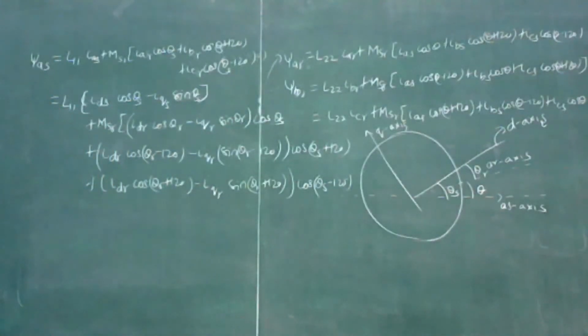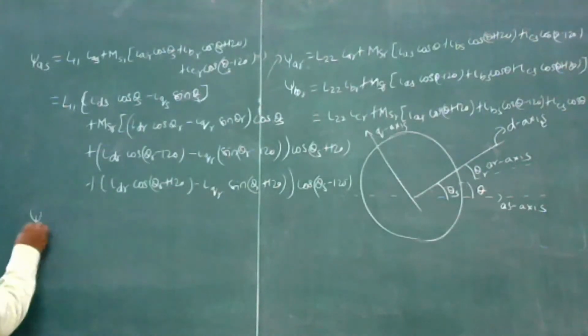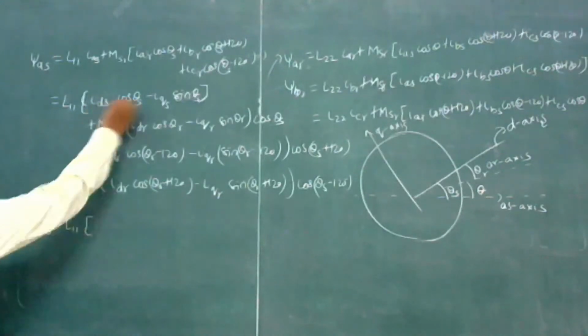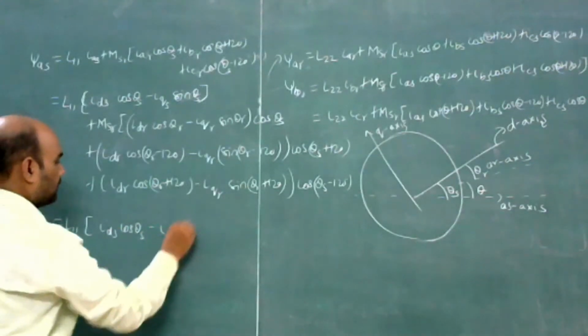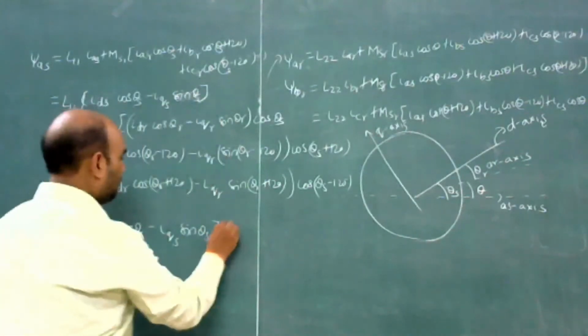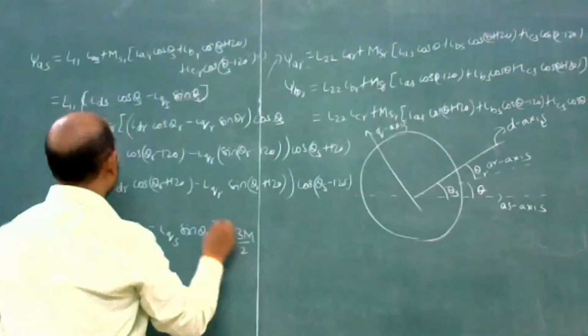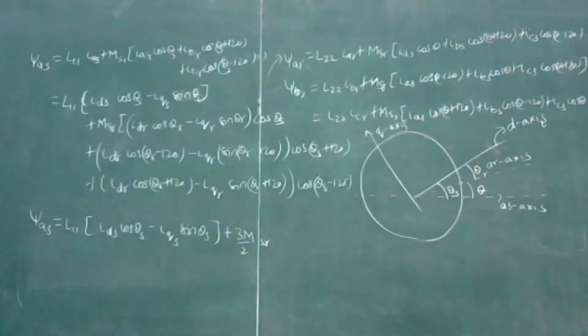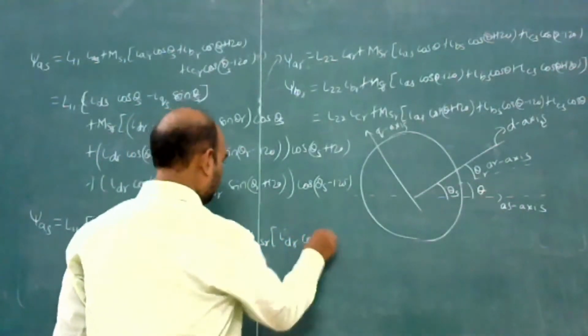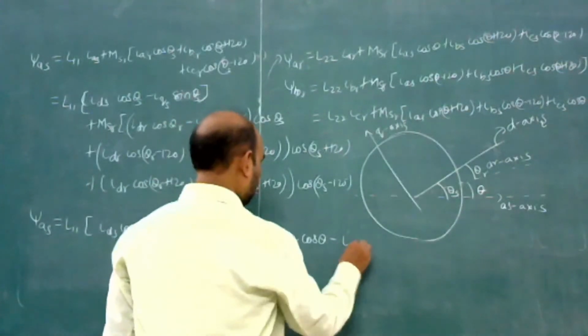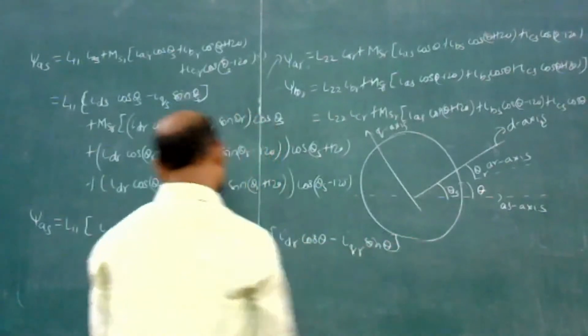Okay, so now on solving this equation, we will get psi AS equal to L11 times IDS cos theta s minus IQS sin theta s, and this whole term will be plus 3 by 2 MSR times IDR cos theta minus IQR sin theta. Okay.